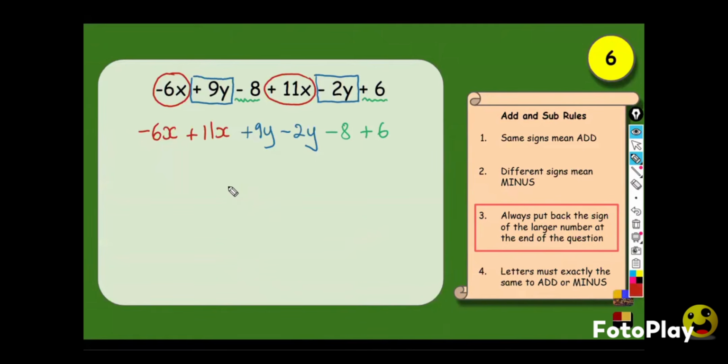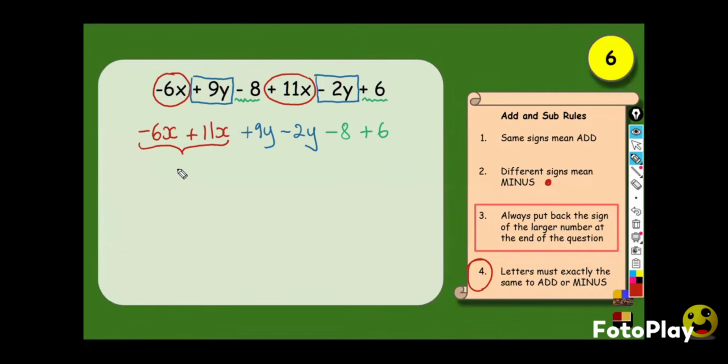All right. So remember, according to rule number 4, if you're adding and subtracting, you can only do same letters. So let's concentrate on the X's because the reds both have X's. So you can squish those two together to get one answer. This is negative, this is positive. The signs are different. Different signs mean minus. So you're imagining 11 minus 6 in your head.